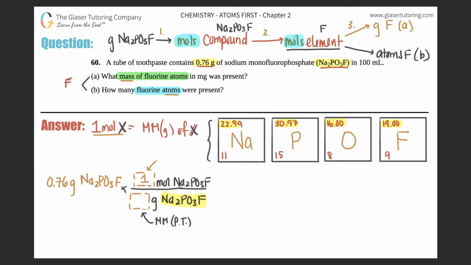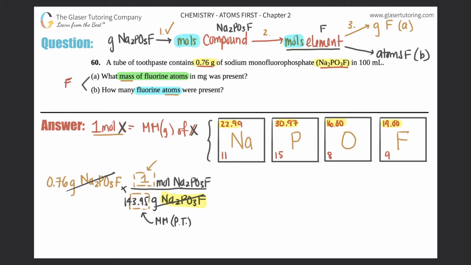Plus we got 3 oxygen, so 3 times 16. And then we got just 1 fluorine, so that's plus 19. So for the bottom here, you get 143.95. And then the grams of sodium monofluorophosphate cancel out. And now we're done with the first part.